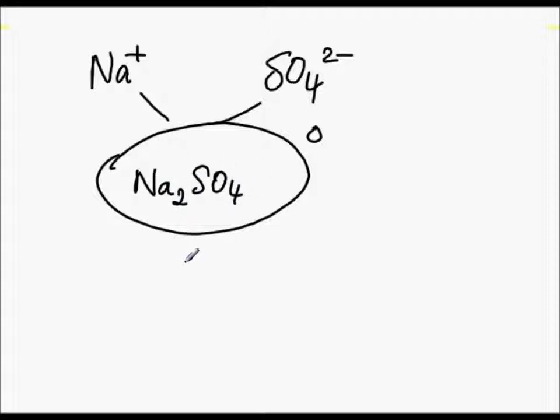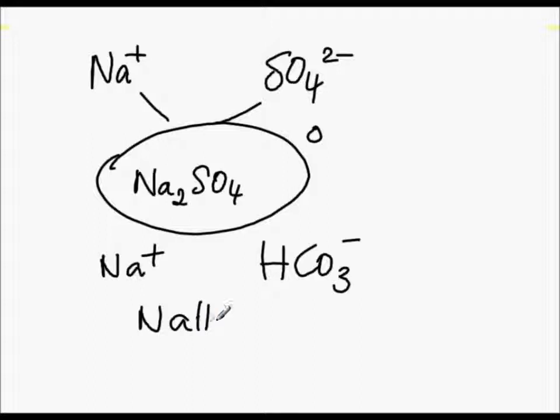The overall charges are balanced out. And equally, if you've got hydrogen carbonate ions, that is 1-, and you've got sodium, you've got 1+ and 1-, wonderful, that just cancels each other out, and there we go.